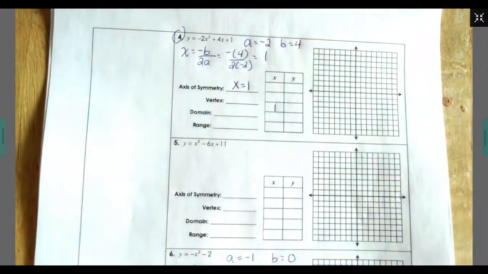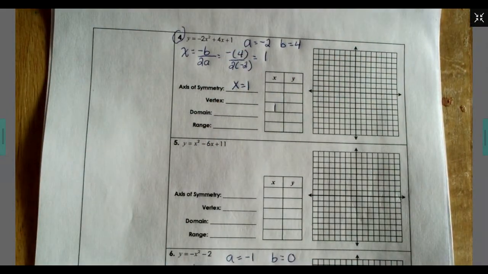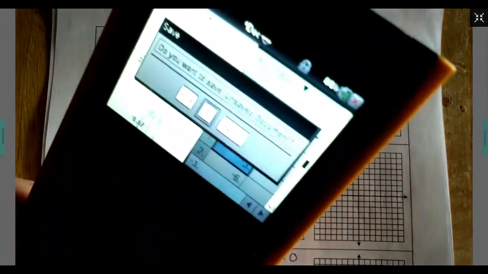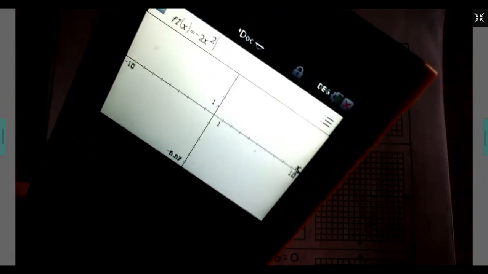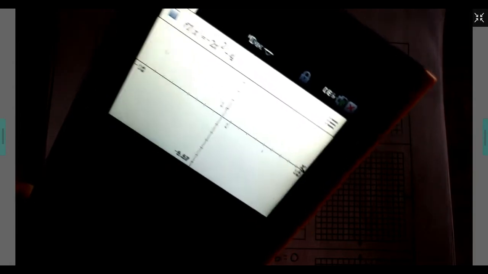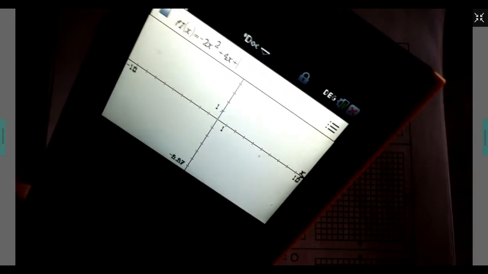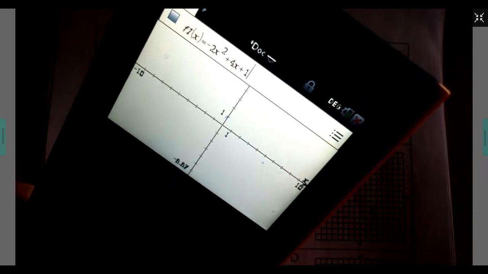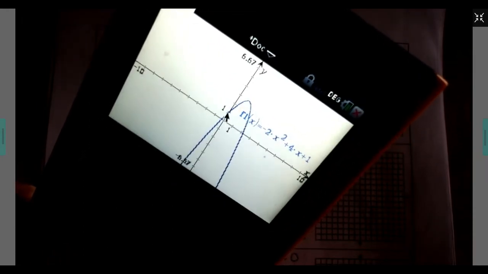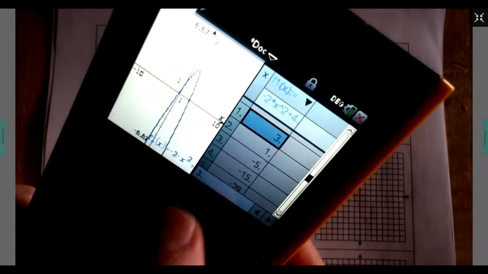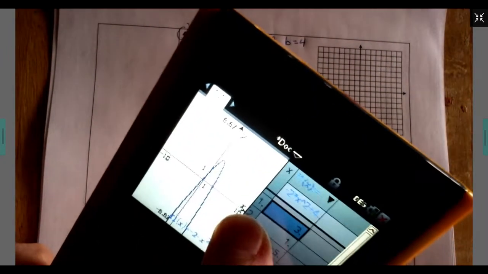So that 1 goes in the center of our graph. Now we want to use our calculator: new document, don't save, add graph, and we type in -2x squared plus 4x plus 1, hit enter, Control T, and we want to find 1, which is right here.